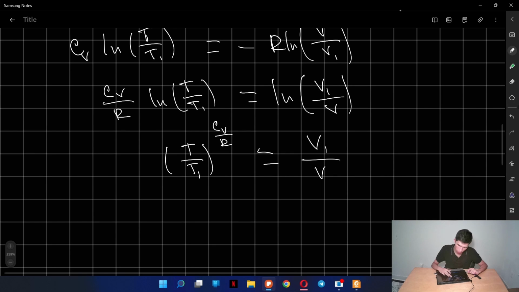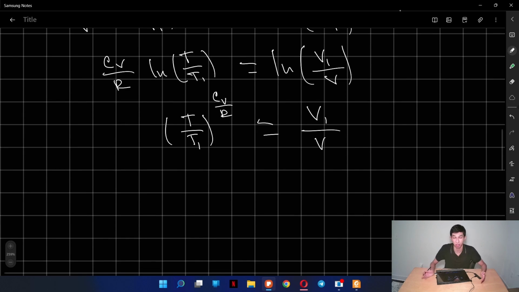Now we are considering the relationship of temperature with the volume. But what we can do now is we can change the volume to RT over pressure so that we can find the relationship of temperature and pressure.